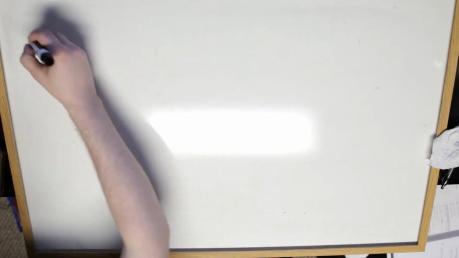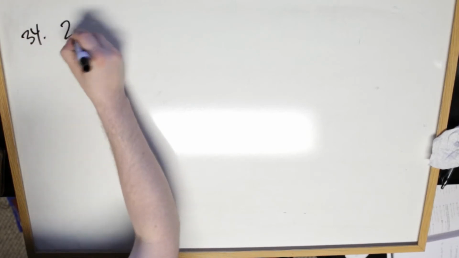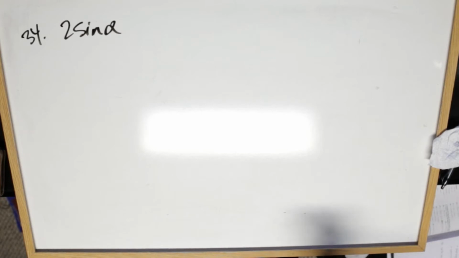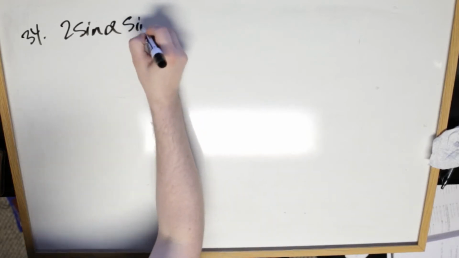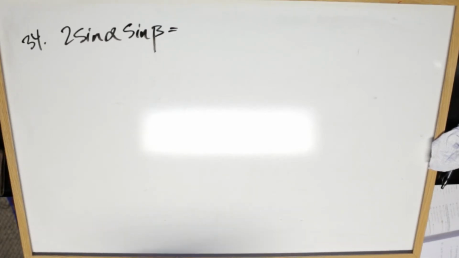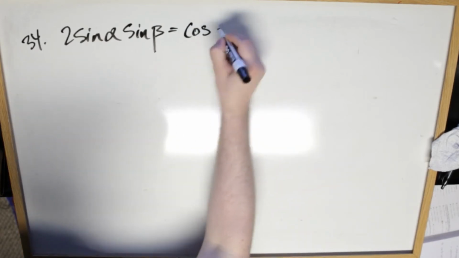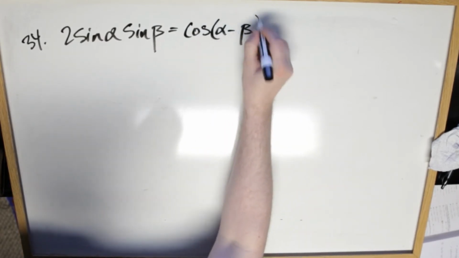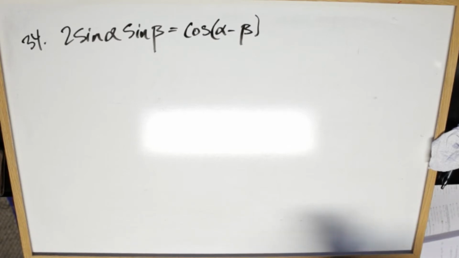So the identity they give us is 2 sine alpha sine beta is equal to cosine of alpha minus beta, minus cosine of alpha plus beta.